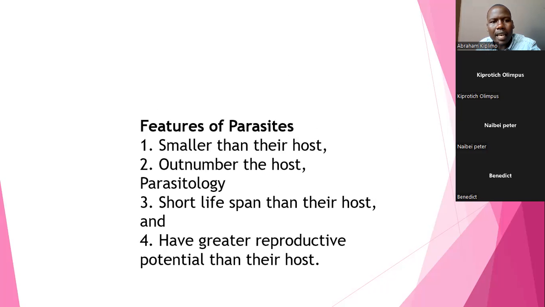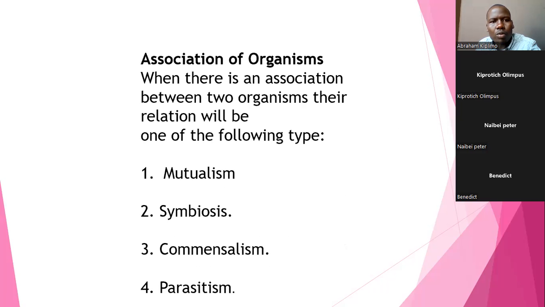Define the following terms, giving appropriate examples: the first term is mutualism, the second is symbiosis, the third is commensalism, and the fourth is parasitism. Hope you have the question.